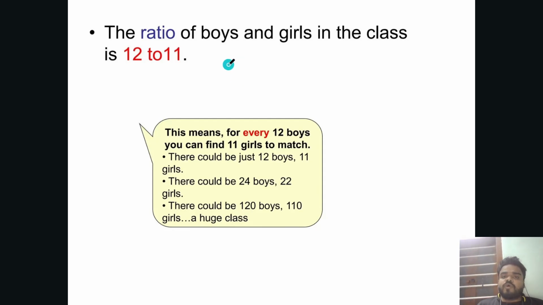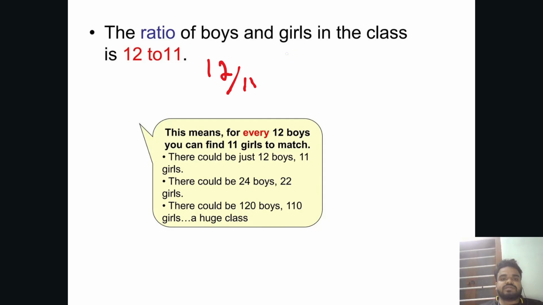Okay. Next, one more example. The ratio of boys and girls in the class is 12 is to 11, or 12 by 11. Here also, they have not mentioned how many boys and how many girls are in the class. They have given only the ratio of the number of boys and girls.